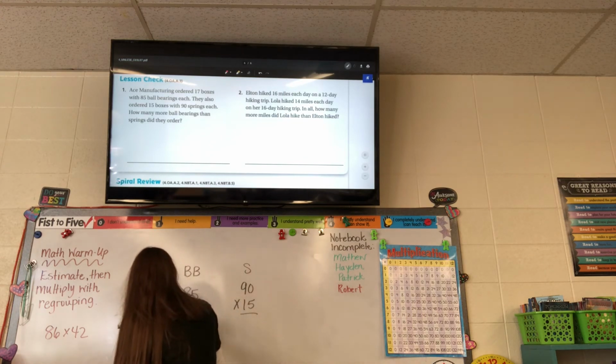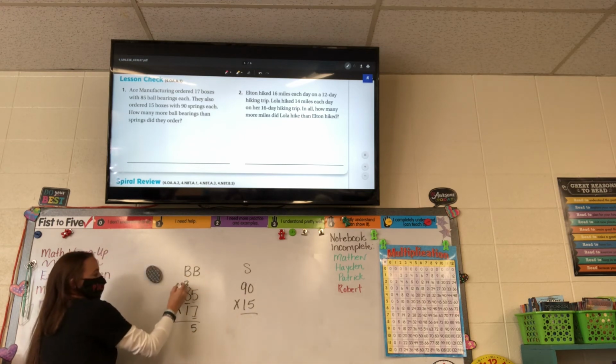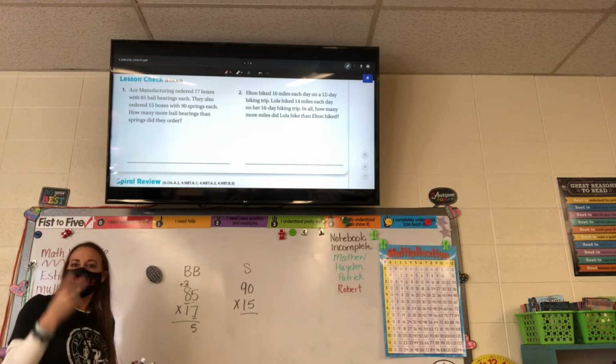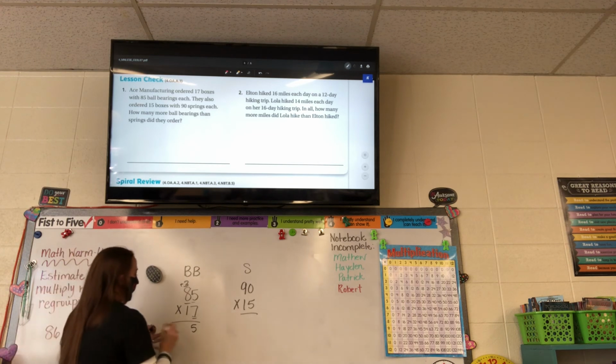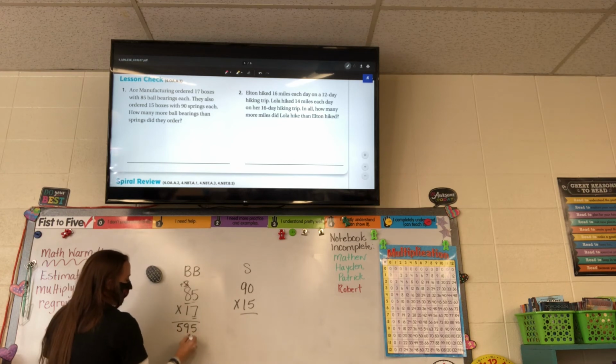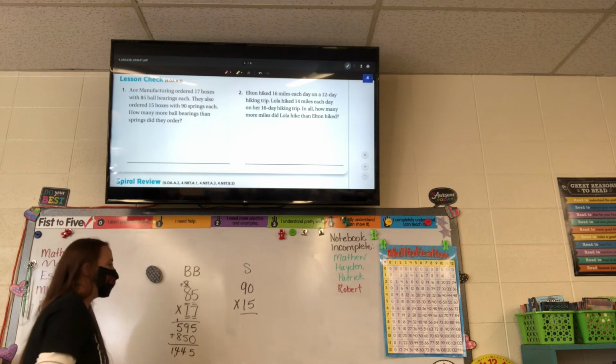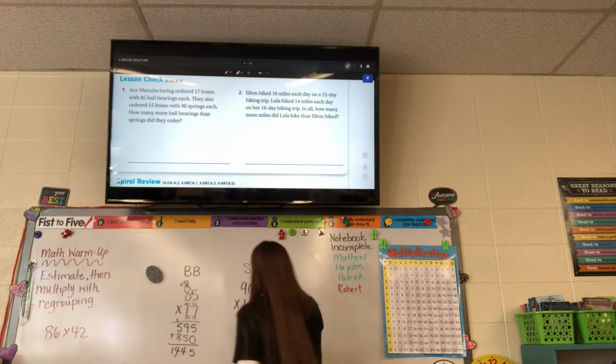Put down the 5, carry the 3. 7 times 8 is 56, plus 3 is 59. Cross out the 3, put our 0 placeholder. 1 times 5 is 5. 1 times 8 is 8. Add those together, and they got 1,445 ball bearings. Now we go.